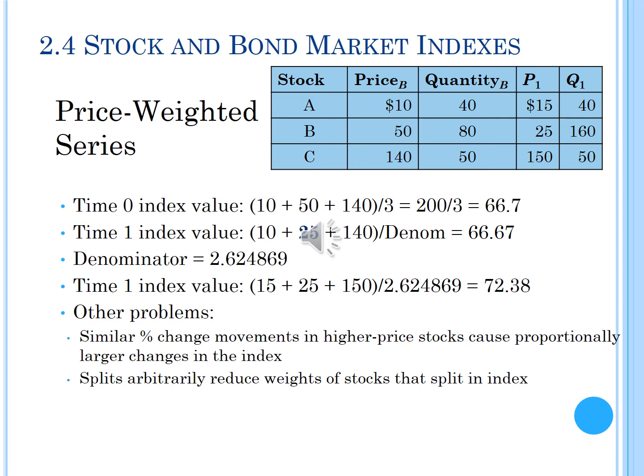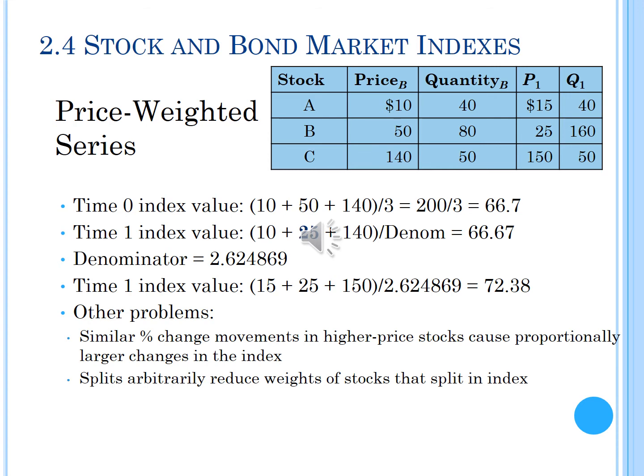Now to figure out the end time series, we need to first figure out the new denominator after the change in quantities. So we first hold the prices of stocks A and C constant because their quantities have not changed, and we only update the price of stock B, being that it is the stock that had a change in its quantity.